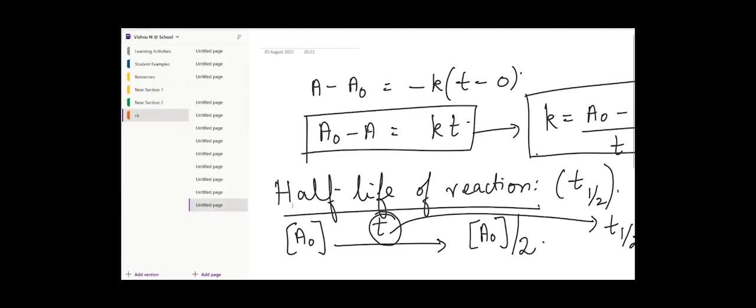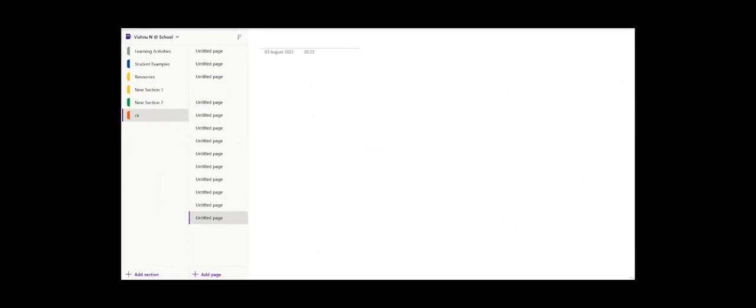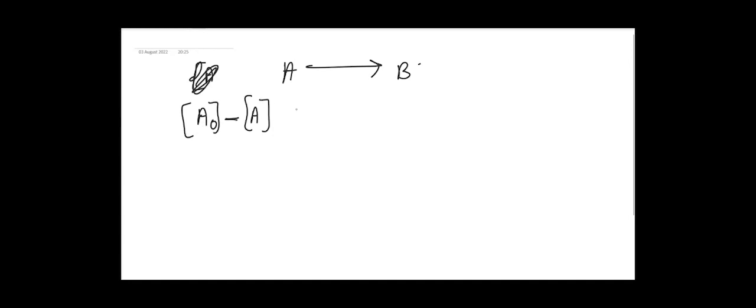So suppose, let us explain it through the zeroth order reaction. We consider the same reaction A gives B. The expression of the zeroth order reaction we have already derived is A naught minus A is nothing but k times t.